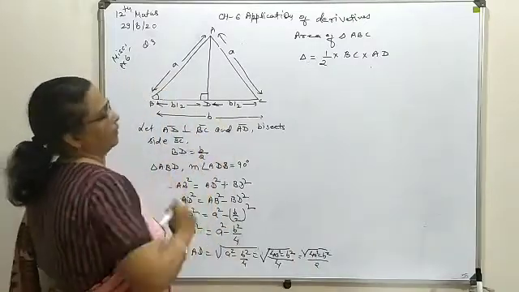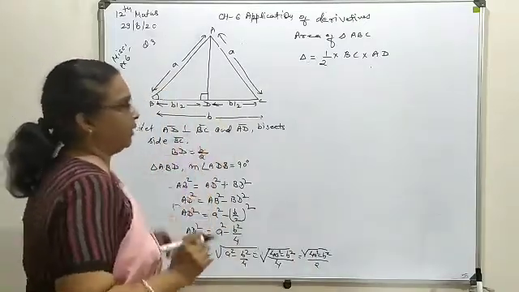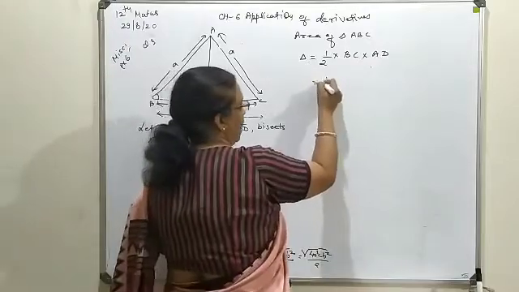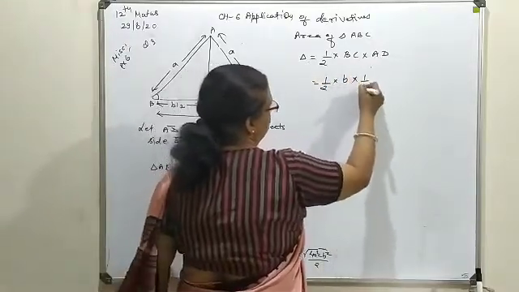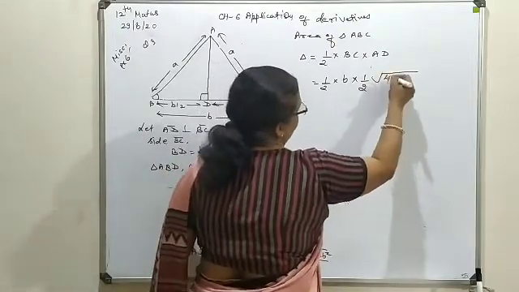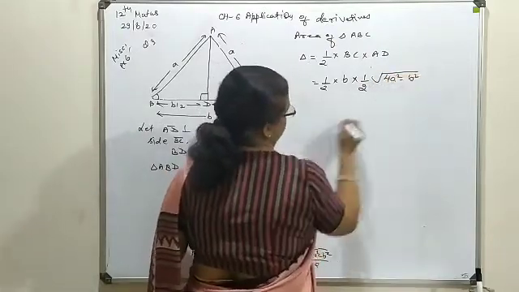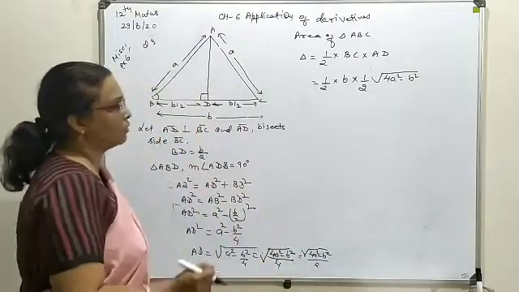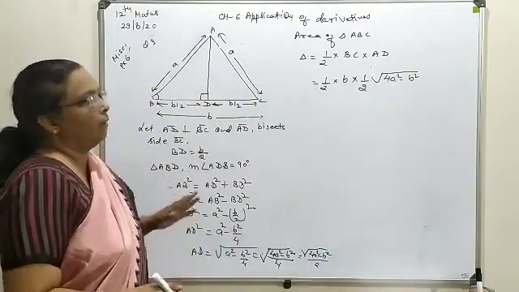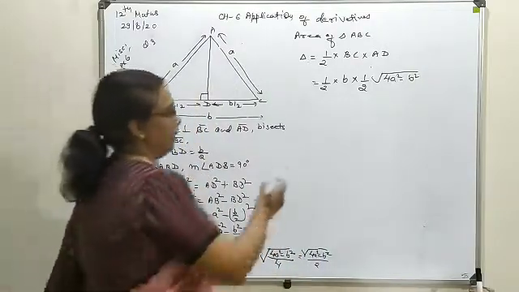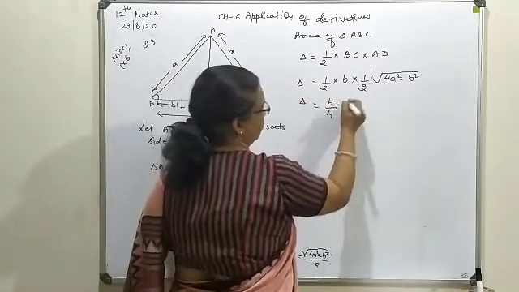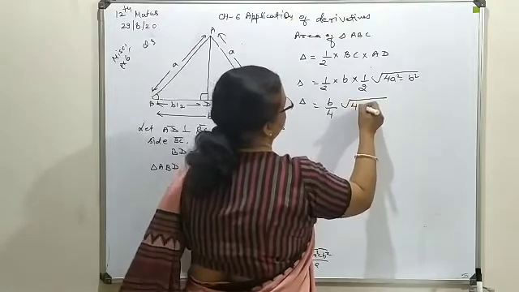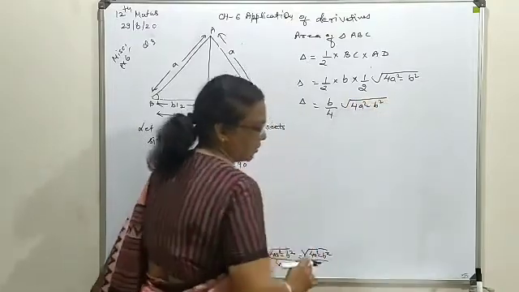BC we have already taken as B, and AD is 1 upon 2 under root 4A square minus B square. So this is the area we have in hand. In short form you can say this is B by 4 under root 4A square minus B square.